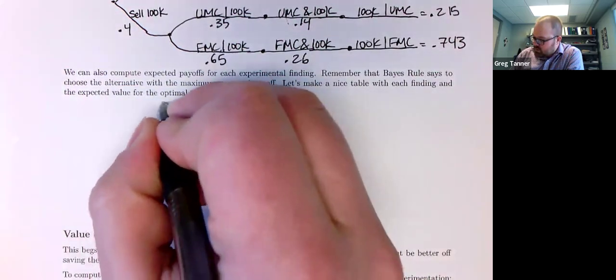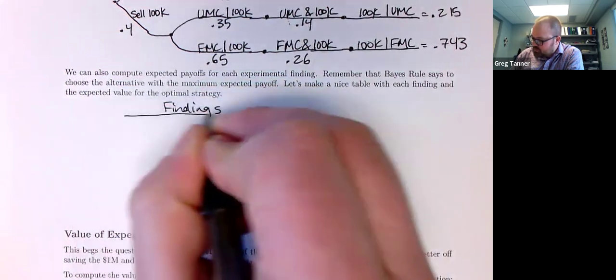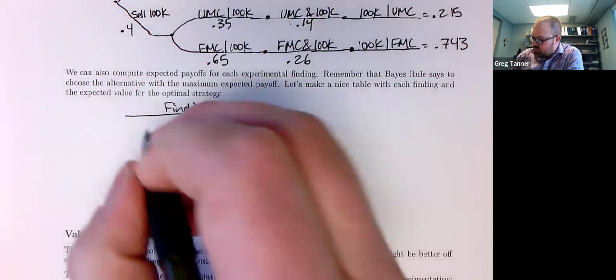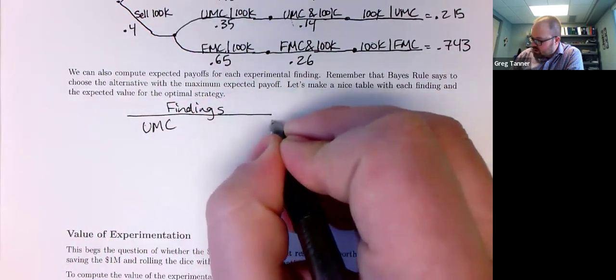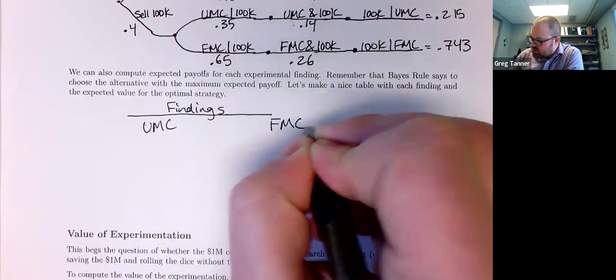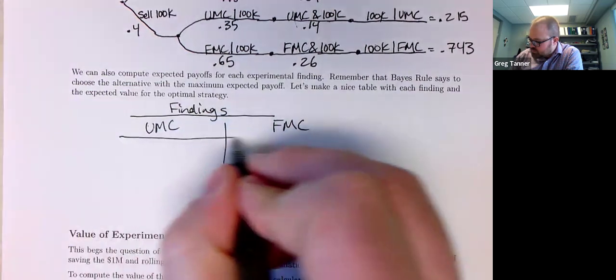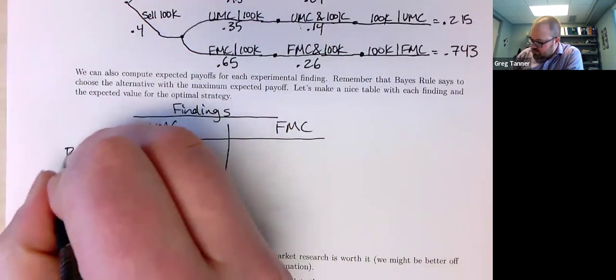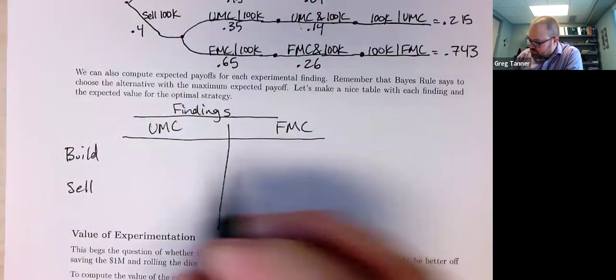We'll put our findings up top. And so findings would be unfavorable market conditions or favorable market conditions. And then our alternatives would be either build or sell.